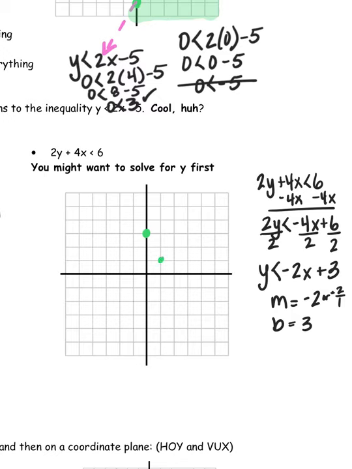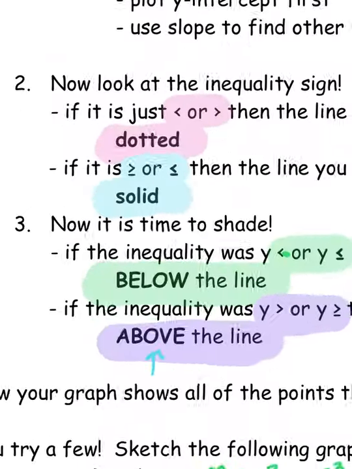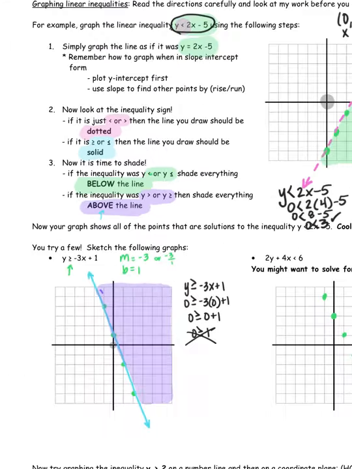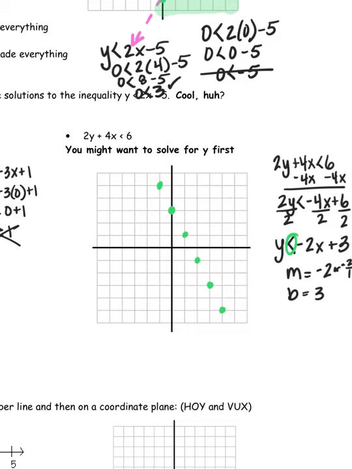I can see that my sign in this inequality is less than. There is no equal to. It is only less than. And when there is no equal to, it's a dotted line. So I'm going to make a dotted line through my points. And it's less than, so I'm going to shade below my line and stopping there.